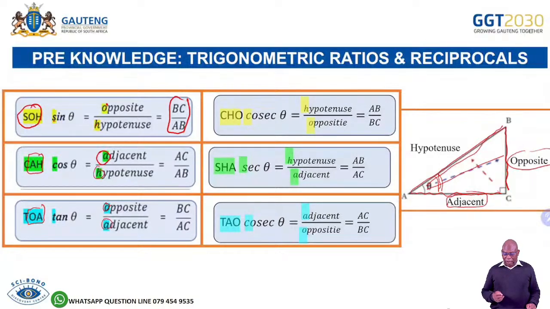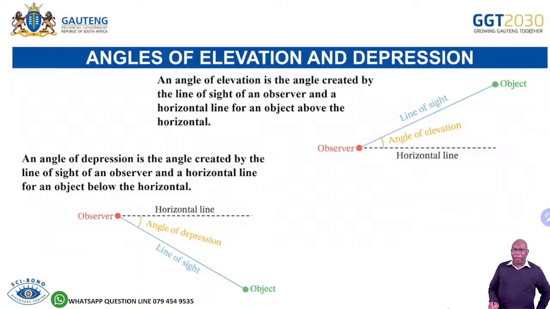Okay. Now let's quickly go to the grade 10 work that you need to understand before we go to the grade 12 work. Look at the angles of elevation and depression. What is the angle of elevation? Elevate is up, depression is down.